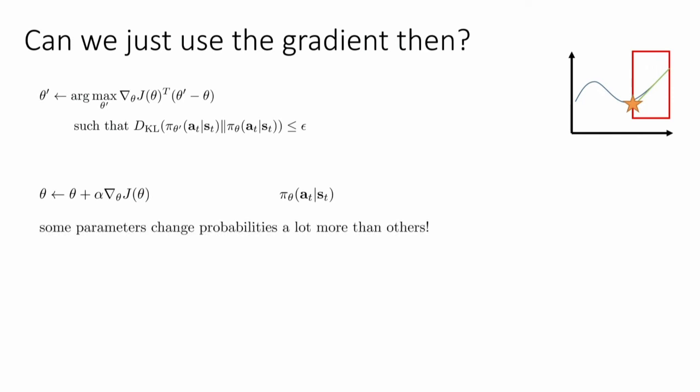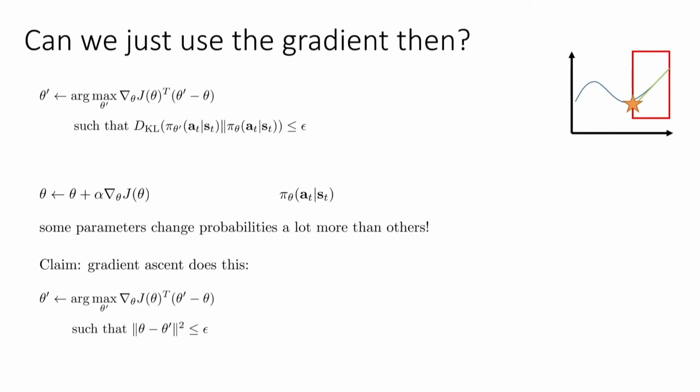So here's our policy pi theta. I'm going to come back to this bit about how some parameters change the probabilities a lot more than others. My claim is that gradient ascent implements something quite a bit like this optimization, but with a different constraint. My claim is that gradient ascent maximizes that linearized objective, subject to the constraint that the L2 distance between theta and theta prime is bounded by some number.